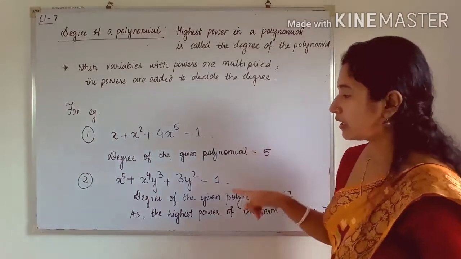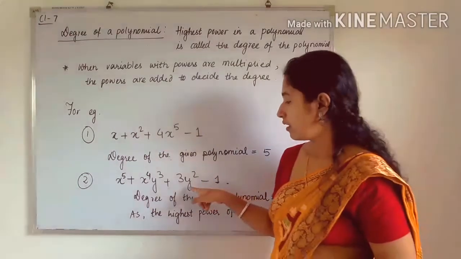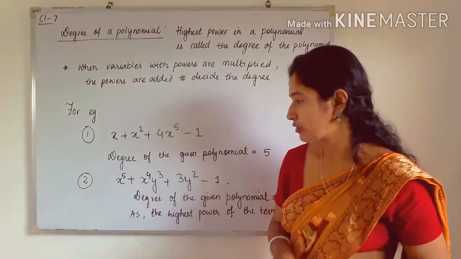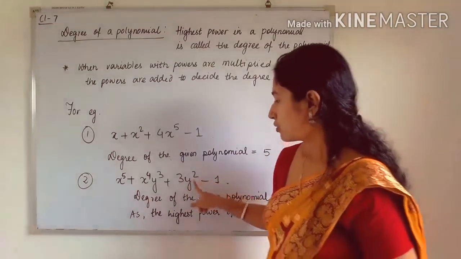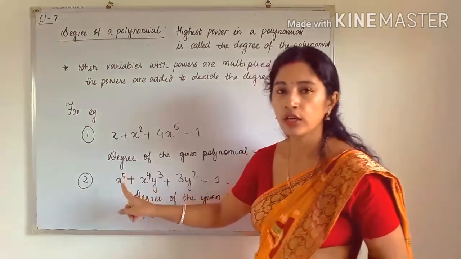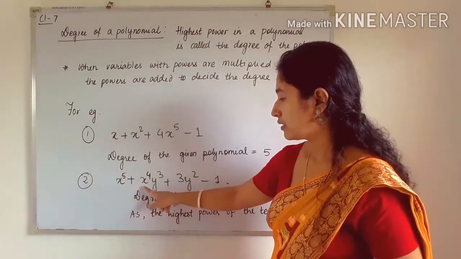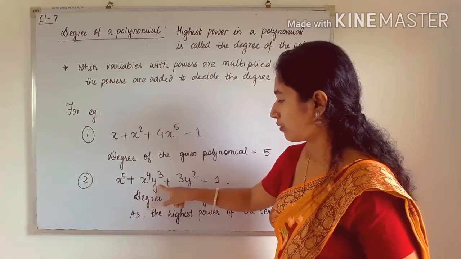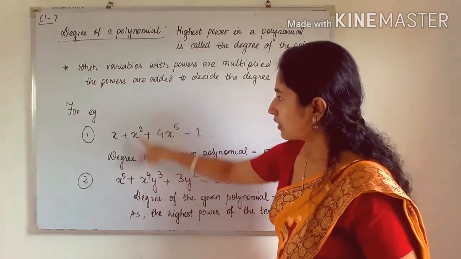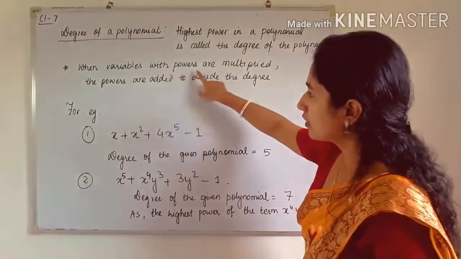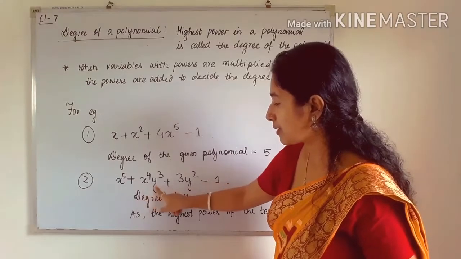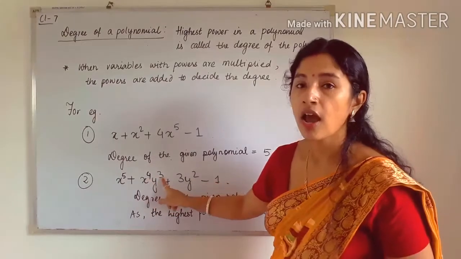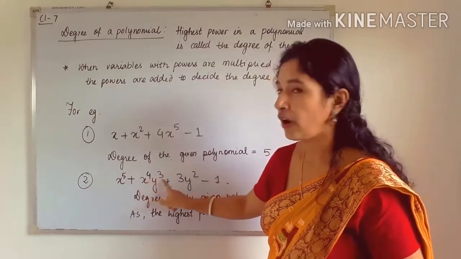Similarly, see the next example here. Two variables are there, x and y. You can see here the power of y is 2, and here the power of x is 5. Next we will check the power of this one. See the next line which I have written here: if the variables are multiplied, then we have to check the powers and add the powers to find the degree.